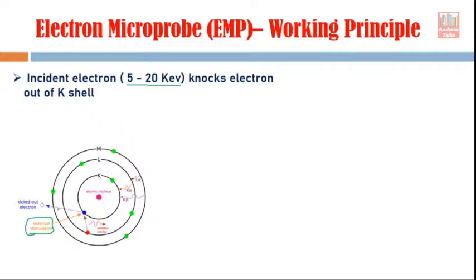the atom. The electron has been knocked out, so a vacancy will be created here, and in order to fill this vacancy, an electron from a higher orbit, in this particular case the L orbit, will go to the lower orbit.